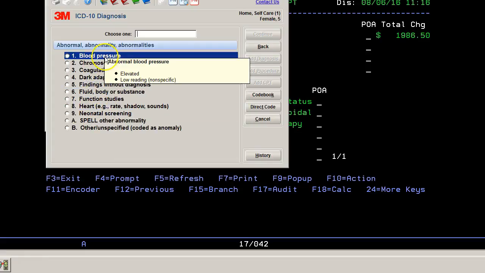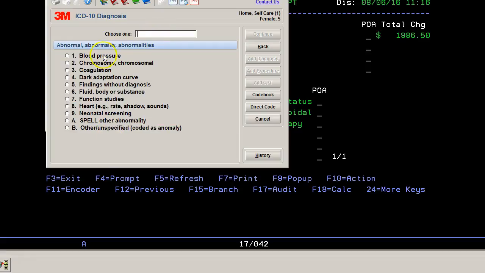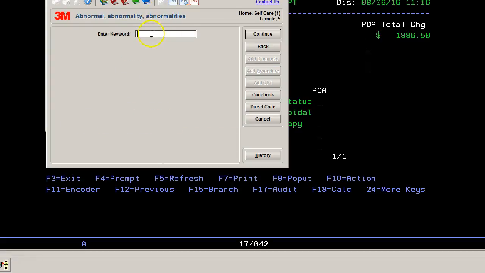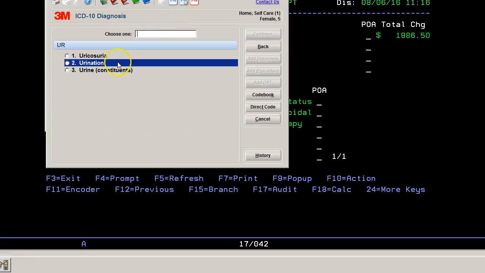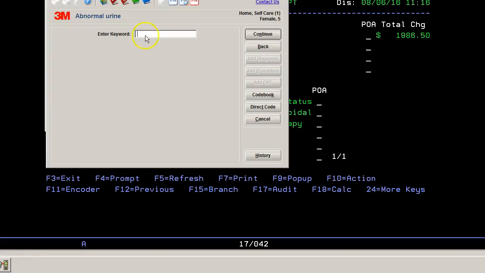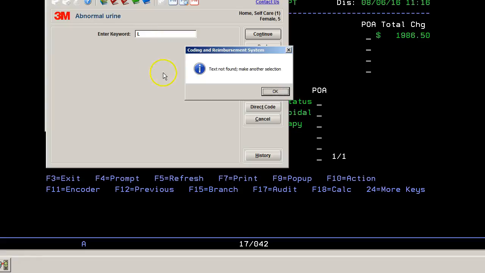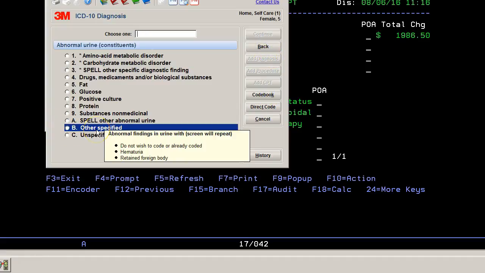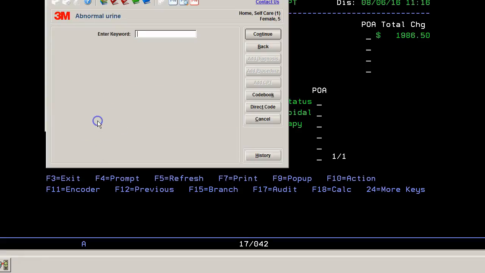So abnormalities, let me spell urine. Okay, and then let me spell, see if leukocytes come up. Leukocytes does not. White blood does not. Okay, let me go back. And other specified or other abnormal urine. I'm going to see.